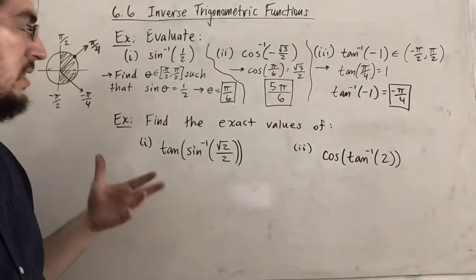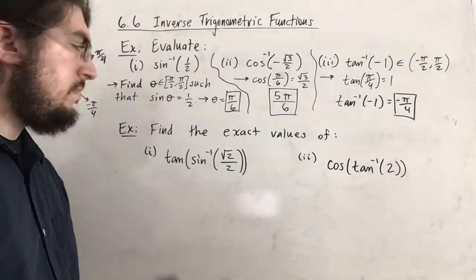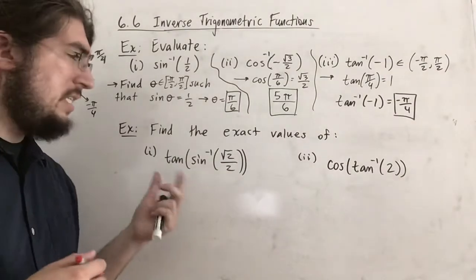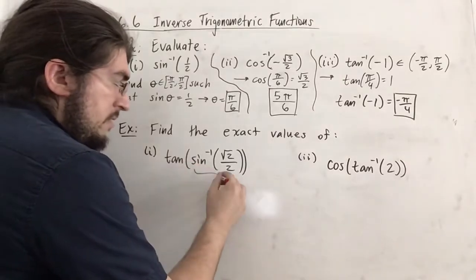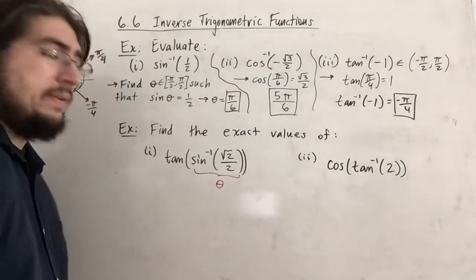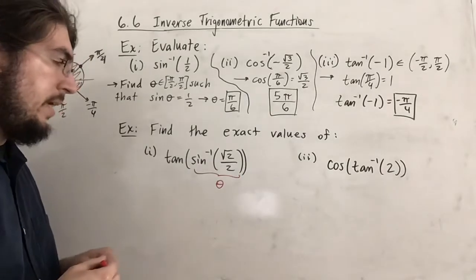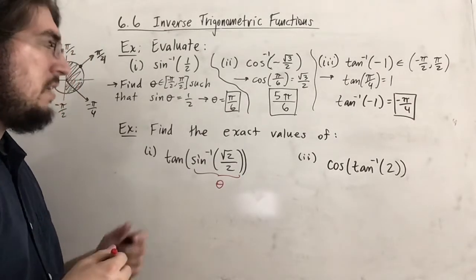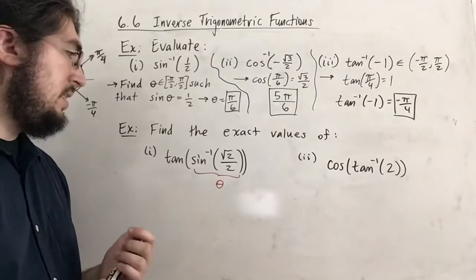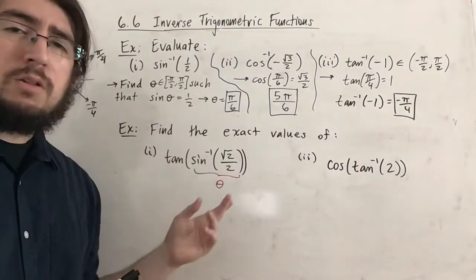So now we'll move on to these examples here. To start off these problems, the first idea that I want to give you is that, remember, an inverse function will output an angle. So we often think of this as an angle theta. Just keep that idea in mind. With that said, we can actually find out what this is, because remember, sine of what is radical 2 over 2?